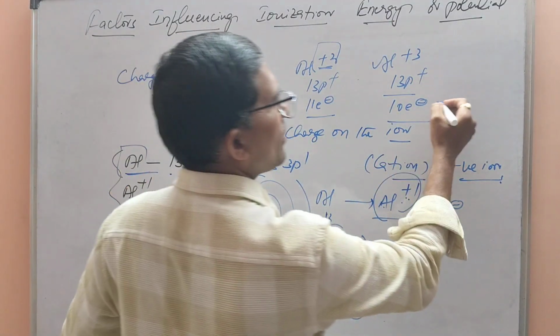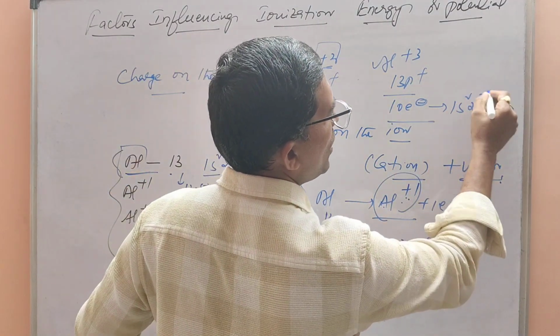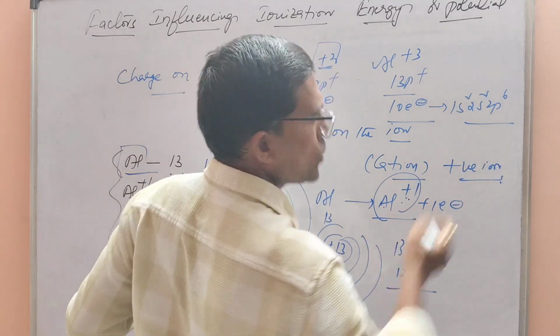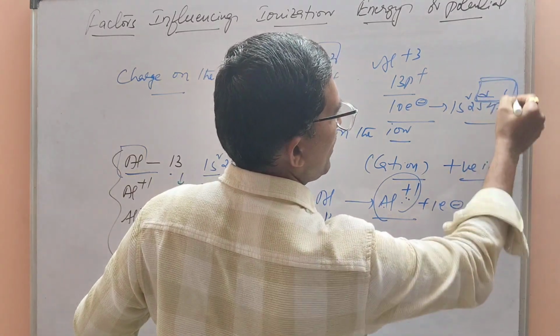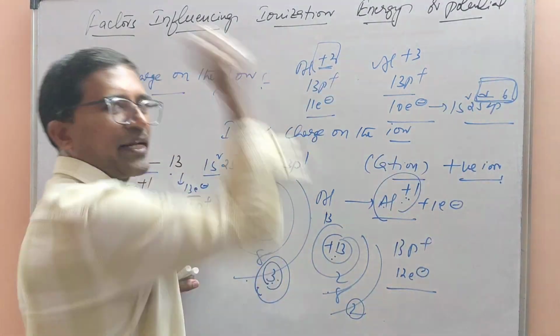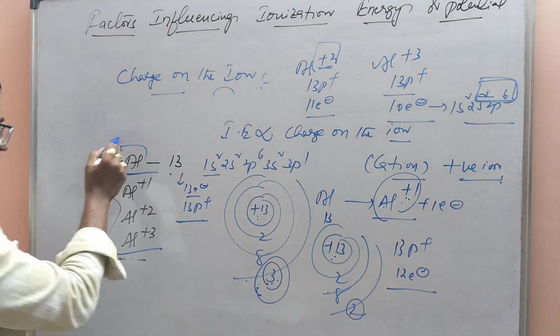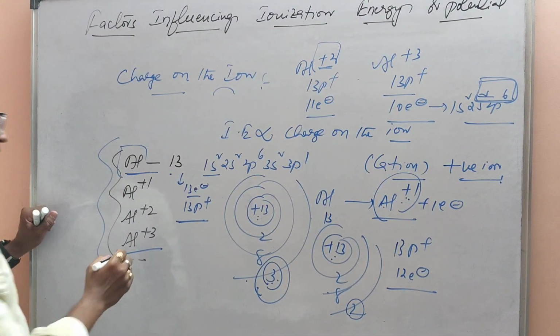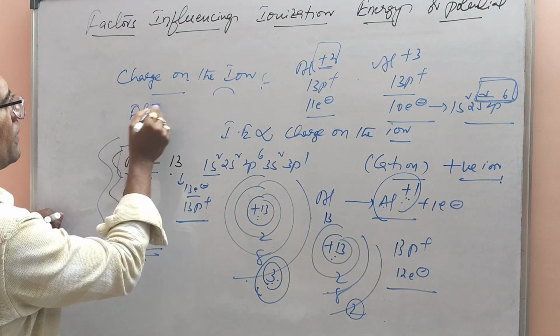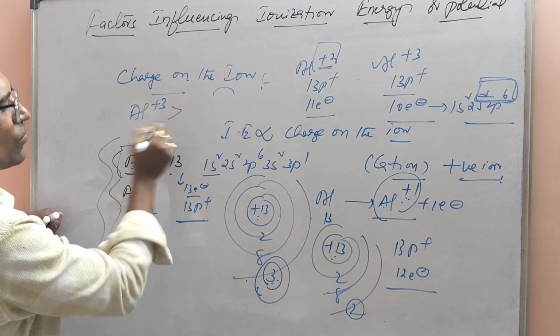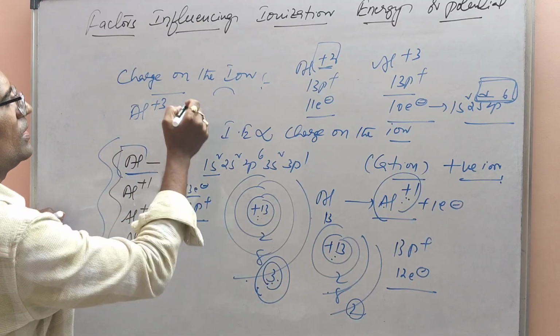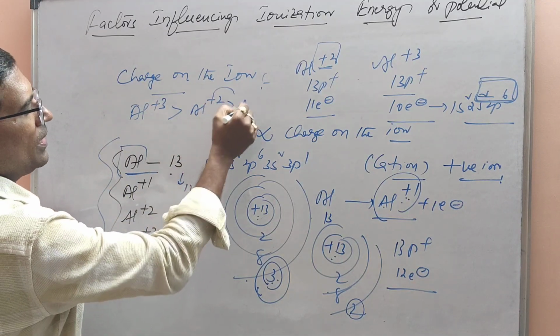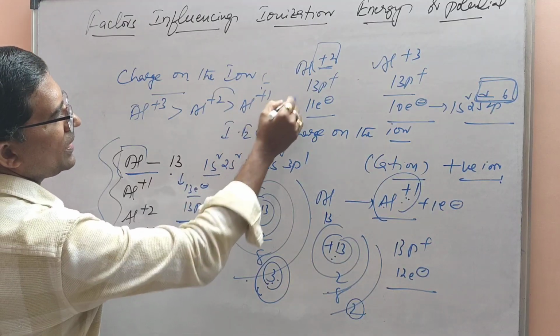If you write the configuration, it is 1s2, 2s2, 2p6, an octet configuration, with more attractive force. So among all these four cases, ionization energy is very high for Al plus 3, compared with Al plus 2, Al plus 1, and then Al.